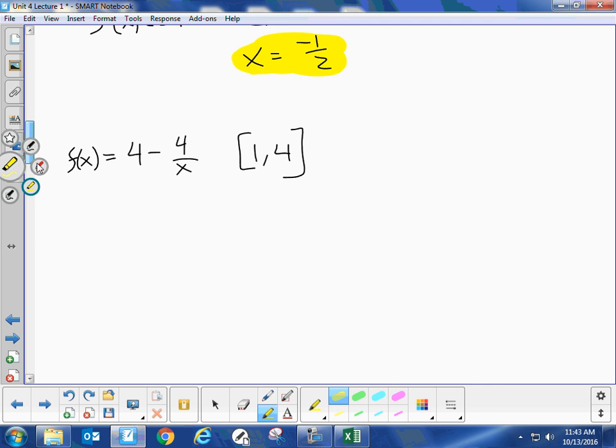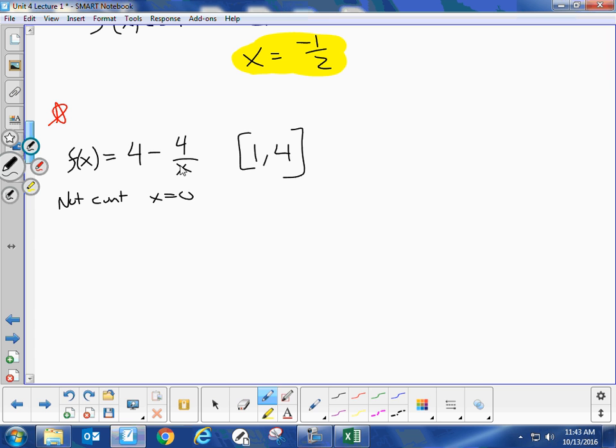Let's look at this one. And then we're going to get our calculators and do some calculator stuff. Now, this is not continuous at x equals 0, right?